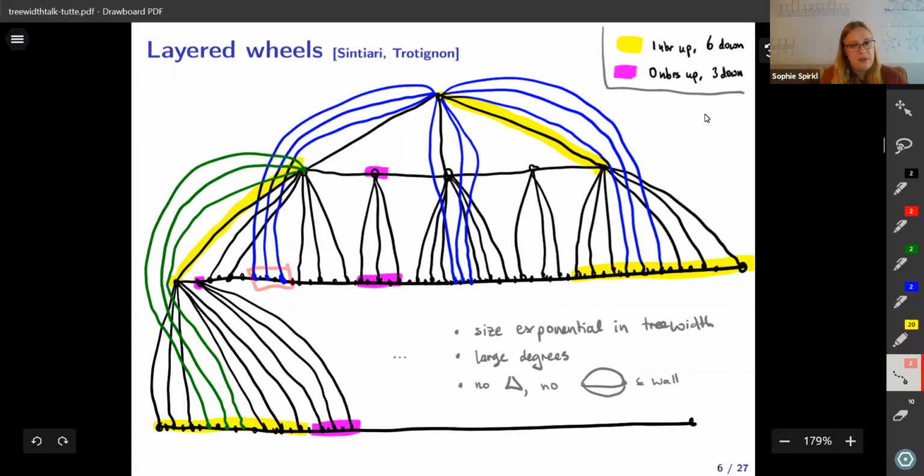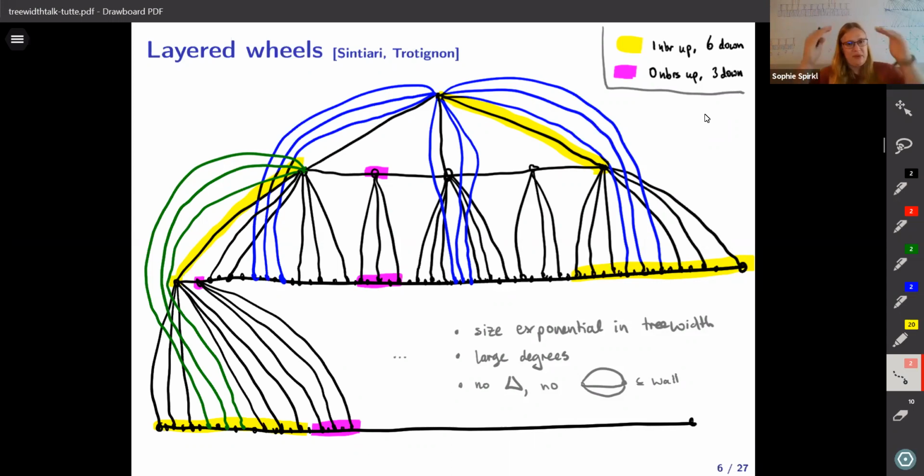Then we put 3 neighbors of his neighbor above, and then 3 more neighbors of him. Whereas for him who has no neighbors above, we just put 3 neighbors of him. And then having done that between all the neighbors we put in a row along this path, we add 1 vertex between every 2 consecutive ones. And that gives a construction of large tree width.